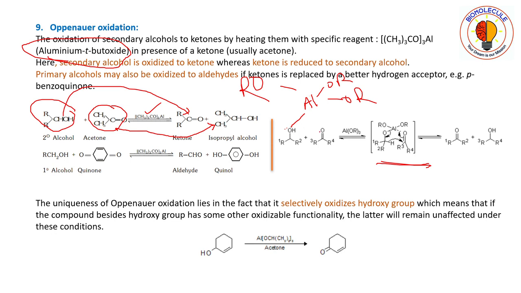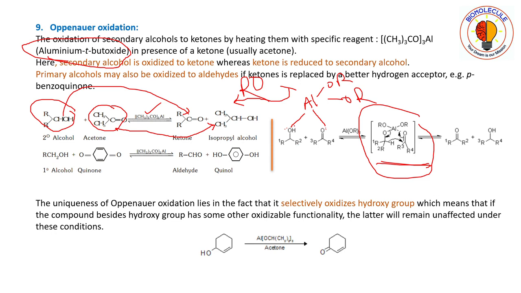Here OH is acting as the Lewis base, but when this carbonyl compound also gets coordinated, it exceeds the aluminium's valency, so one OR will eliminate. So in this intermediate you are seeing that aluminium has 2 OR.